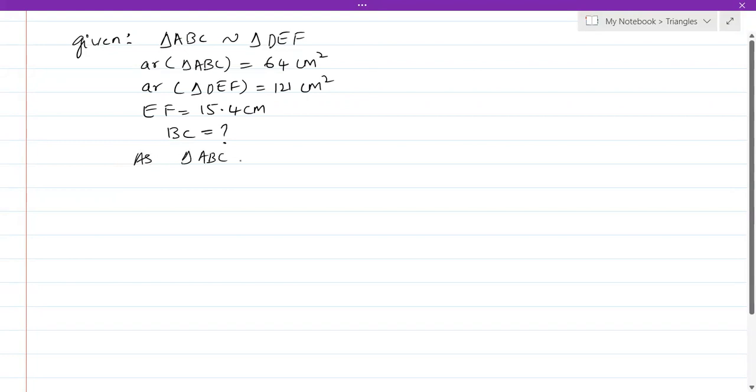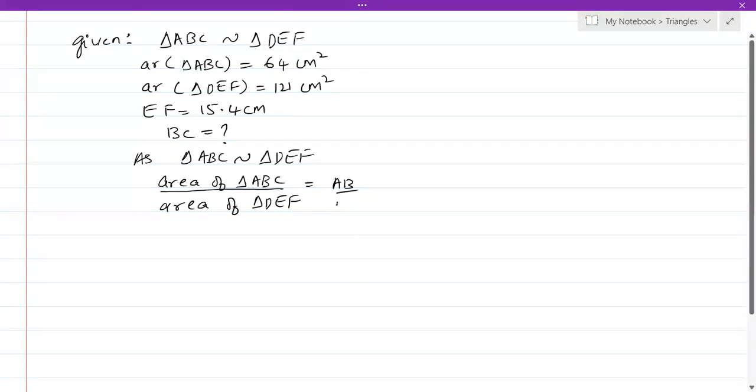since triangle ABC is similar to triangle DEF, we can say that area of triangle ABC divided by area of triangle DEF will be equal to the ratio of squares of corresponding sides.